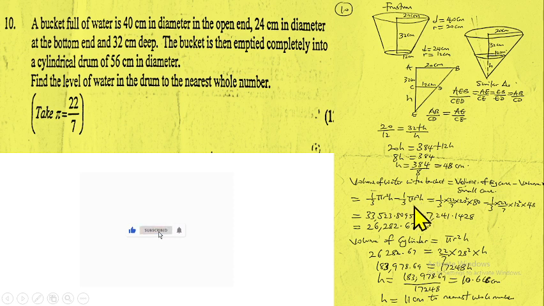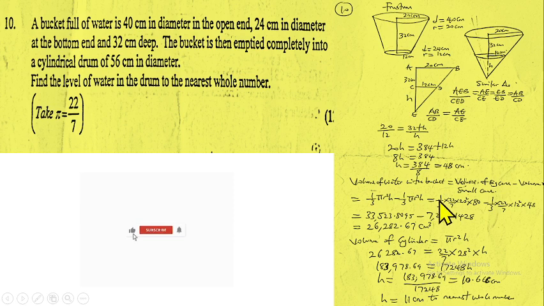So their difference uses the radius and the height. So V equals 1 over 3 times 22 over 7 times 20 squared, which is the radius of the big cone, times 80, which is the height of the big cone, minus 1 over 3 times 22 over 7 times the radius of the small cone, which is 12 squared, times the height of the small cone, which is 48.